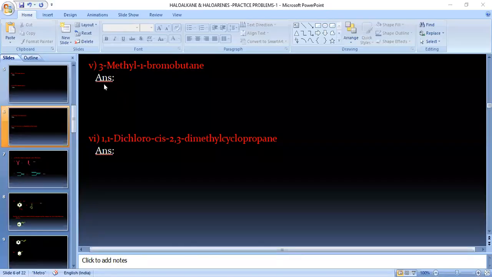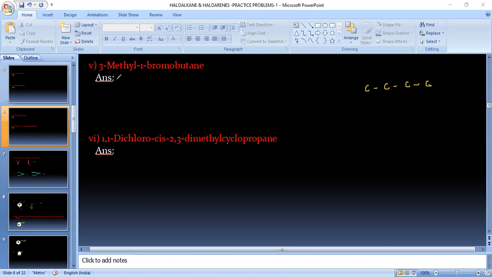Chalo beta, so the next one, fifth question. 3-methyl 1-bromo-butane. What is that? 3-methyl 1-bromo-butane should be obtained. But 4 carbons, 1, 2, 3, 4. 3-methyl 1-bromo.